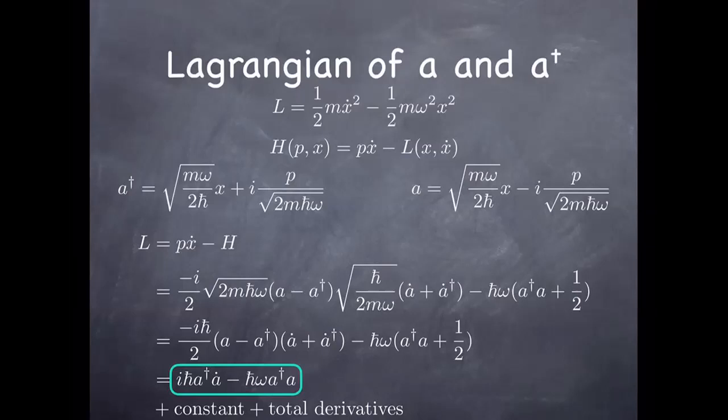Keeping this form, that L is P x dot minus H, had a secret in it, namely that it has X dot in a way that what multiplies X dot is indeed P. So it's better to keep this structure that you have P times X dot inside the Lagrangian.